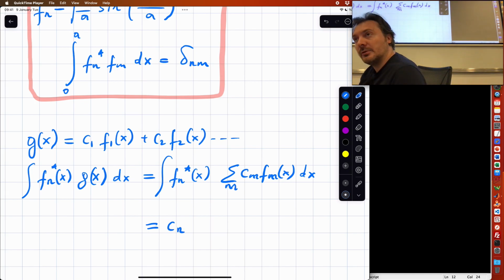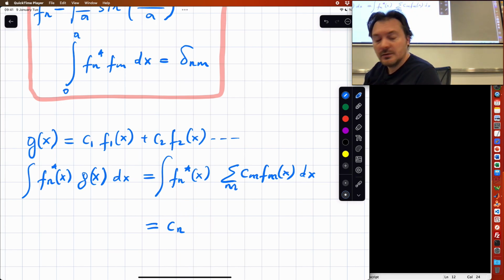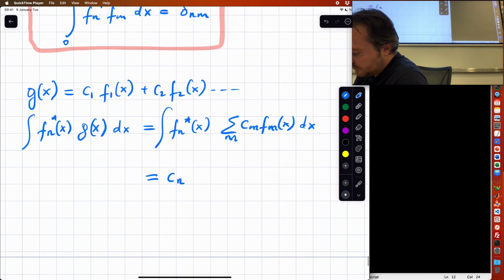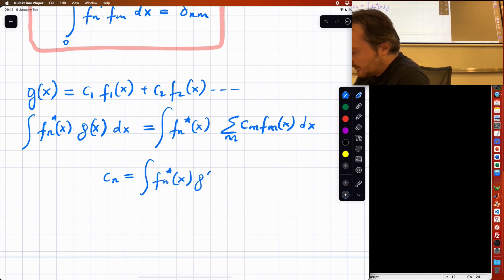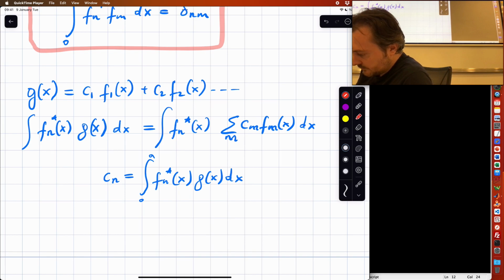But otherwise, I'm going to pick up 0. Do you see it? Yes? So let me just write it down like this. Cn is going to be the integral of fn star x gx dx from 0 to a. That's how you find the coefficients.